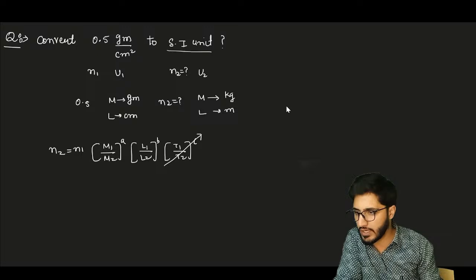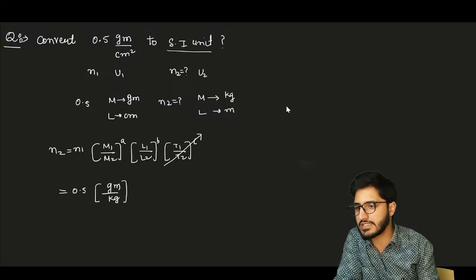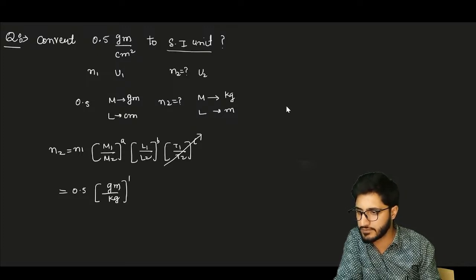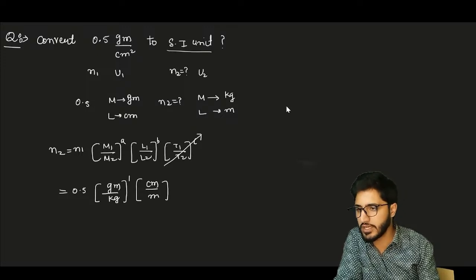What is n1? n1 is given as 0.5. M1 is given as gram. M2 is given as kilogram. And a is 1, as we don't have anything else on the gram. L1 is given as centimeter, L2 is given as meter, but the power is 2. It goes upside, so it becomes minus 2.